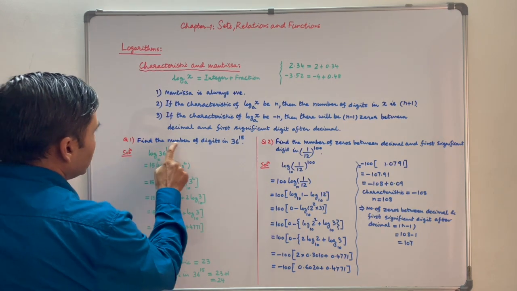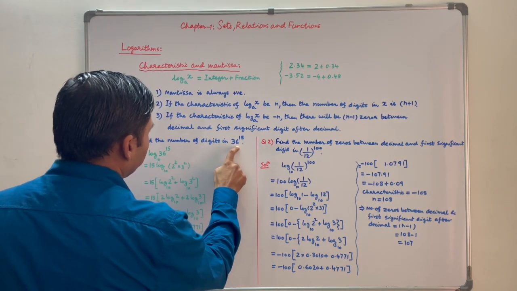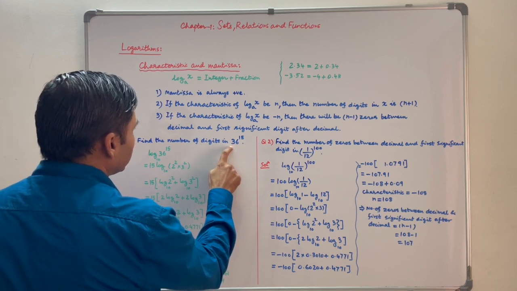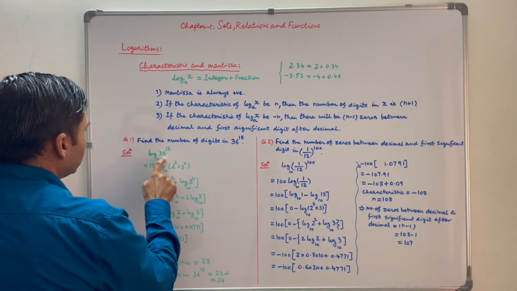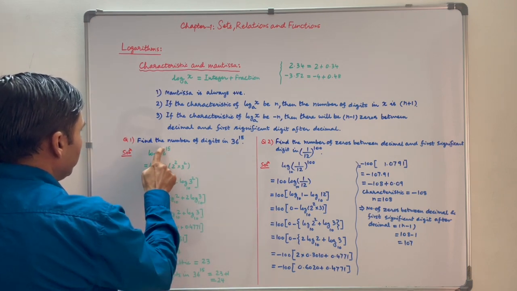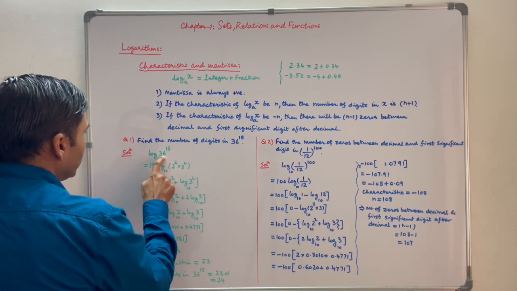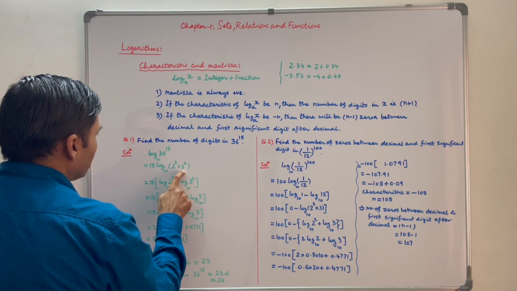First question, find the number of digits in 36 to the power 15. We will take the log of 36 to the power 15 to the base 10 to figure out characteristic and mantissa. Log 36 to the power 15 to the base 10, 15 can be shifted here, so it will be 15 log. 36 can be written as 2 to the power 2 into 3 to the power 2.